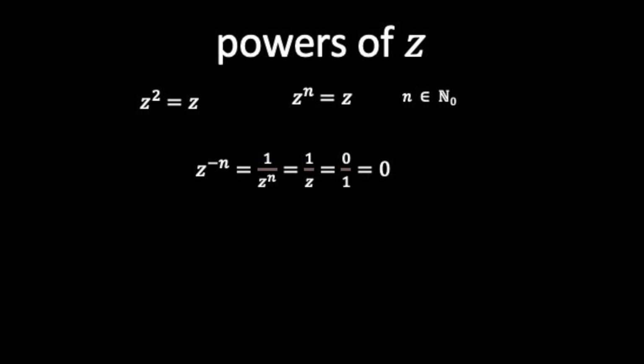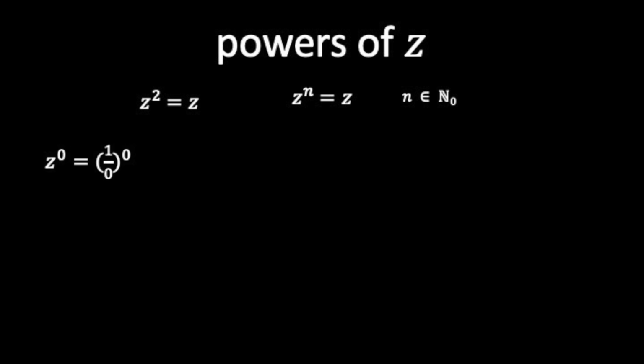So how about the 0th power of z? There is no consensus about the value of 0 to the 0th power. The most common values for 0 to the 0th are 1 or undefined, depending on how you calculate 0 to the 0th power. Similarly, the value of z to the 0th power also depends on how we calculate it.